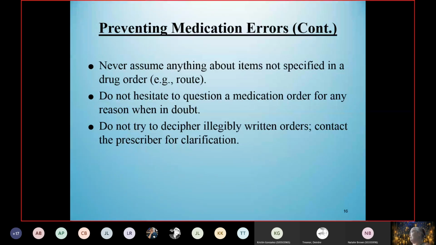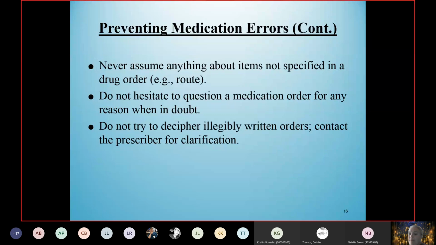Don't assume anything about any items in an order. If I tell you lisinopril 10 milligrams daily, what's missing in that? Does anyone know? I know some of you aren't familiar with some of these meds, but no, I said daily.